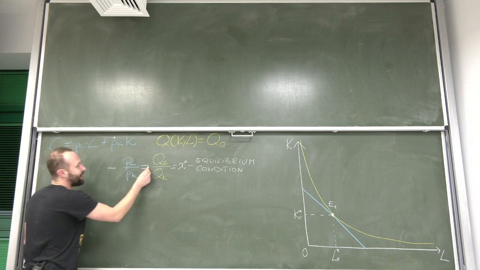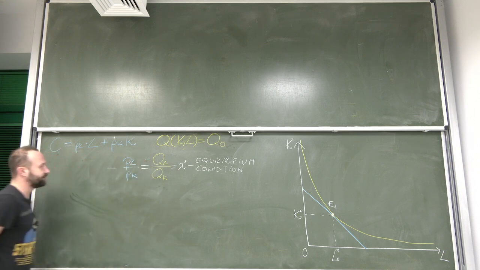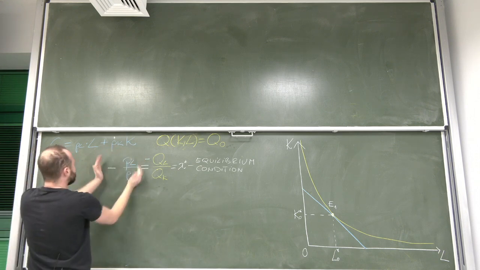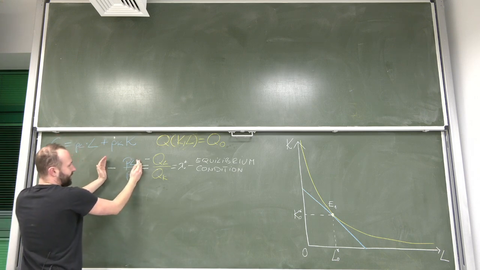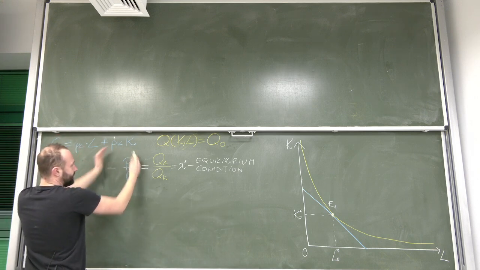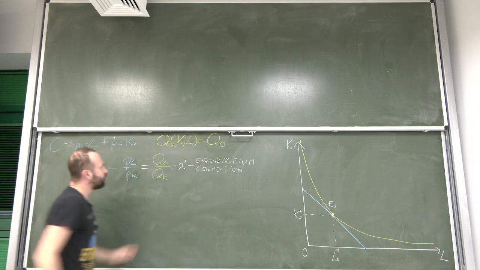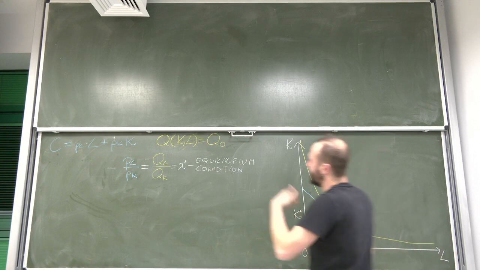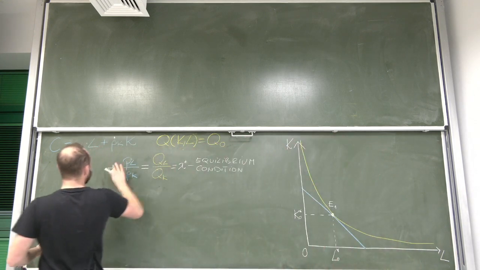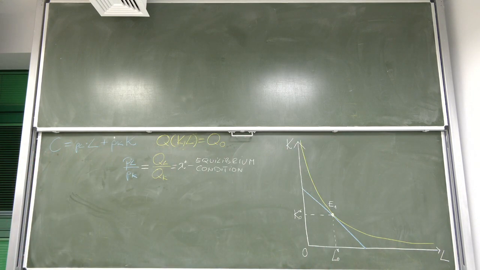If we put minuses over here and over here, we would find out that this is the slope of the isocost line, and this is the slope of the isoquant, right? At equilibrium, one is equal to the other.